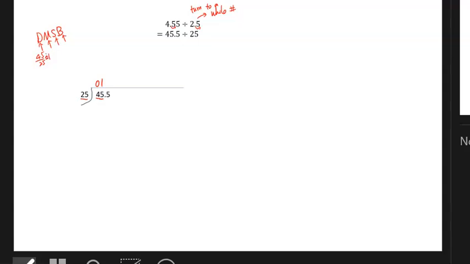And we do multiplication. We take 1 times 25, that gives us 25. We line up 25 and 45, and we do subtraction, which gives us 20. Now we bring down the next digit, and continue the division, multiplication, subtraction process.